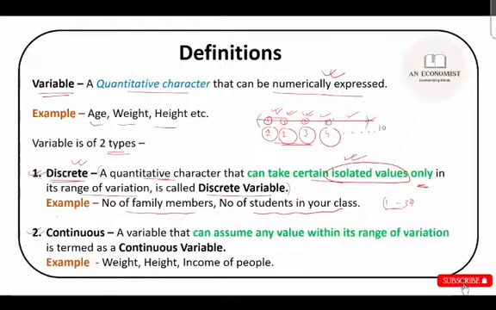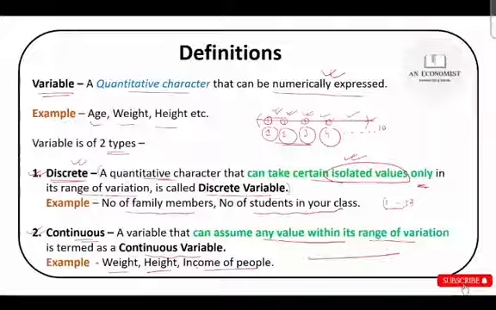And then you have continuous variable. A variable that can assume any value within its range of variation is considered as a continuous variable. So your weight, or your height, or the income of people. If you consider height, suppose it varies from say 4 feet to 8 feet. Human height can vary from this to this.